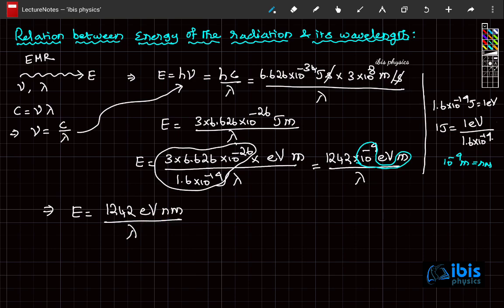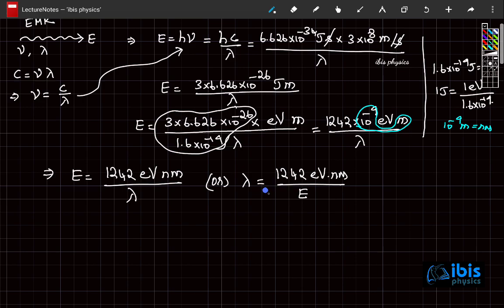If you substitute lambda in nanometer, the nanometer will be cancelled and you get energy in electron volt. Or lambda is equal to 1242 electron volt nanometer by energy E. The application of this in the photoelectric effect and other things I will discuss in the next video.